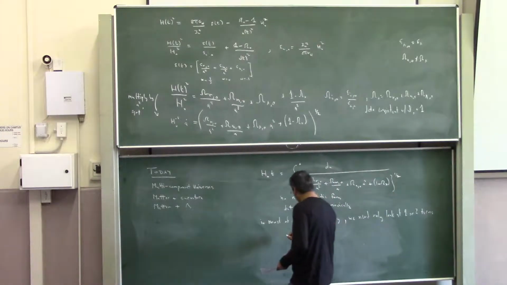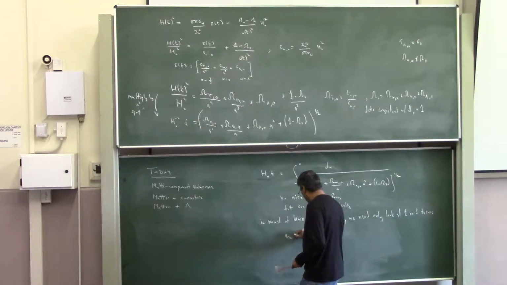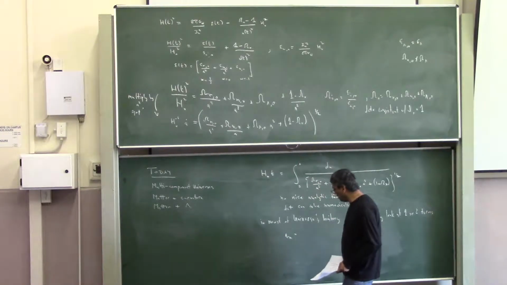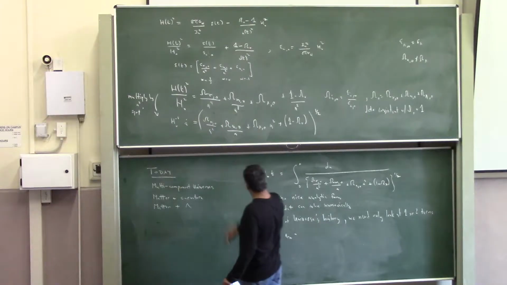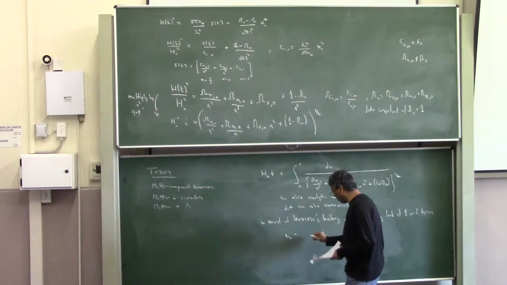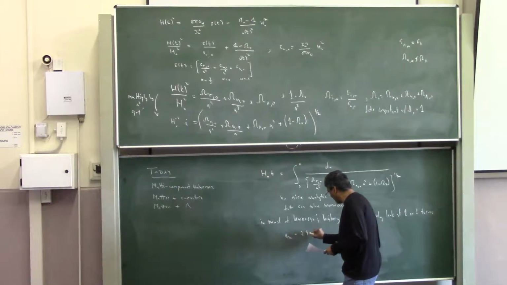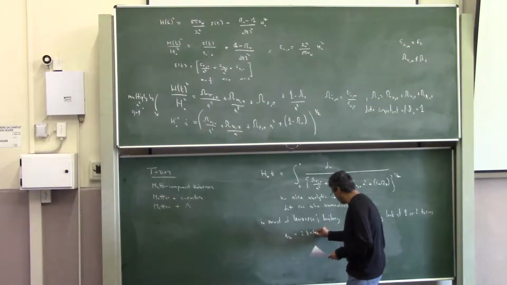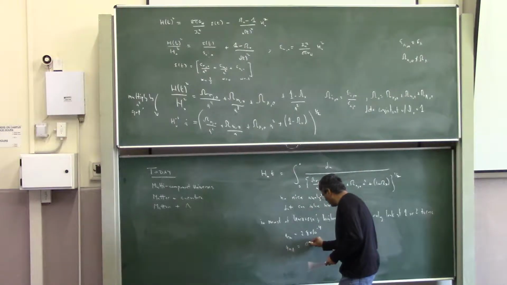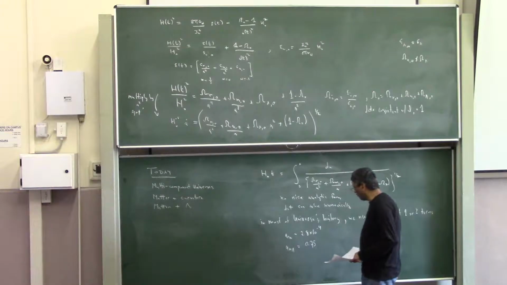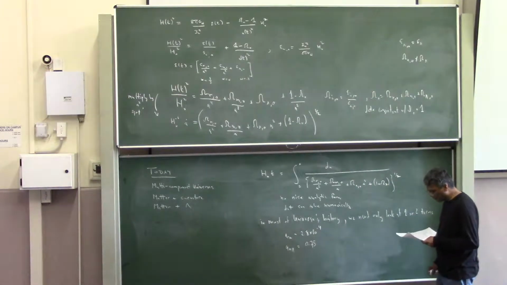So I'll remind you that the terms describing the radiation and the matter are equal when the scale factor is about 2.8 times 10 to the minus 4, and matter and lambda are equal when the scale factor is about 0.75.